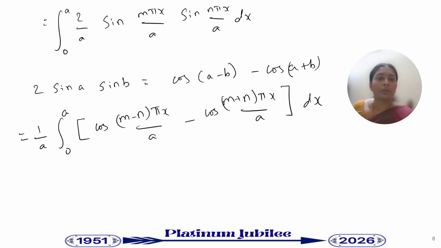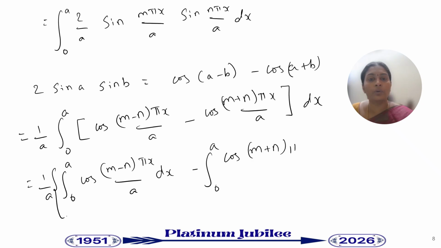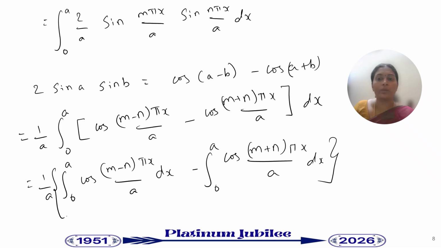So now this can be written as 1 by a, integral 0 to a. I'm just going to separate this integration: cos((m minus n) pi x by a) dx minus integral 0 to a of cos((m plus n) pi x by a) dx.